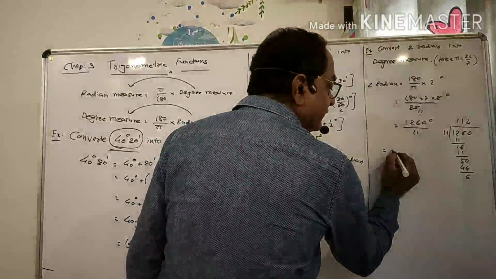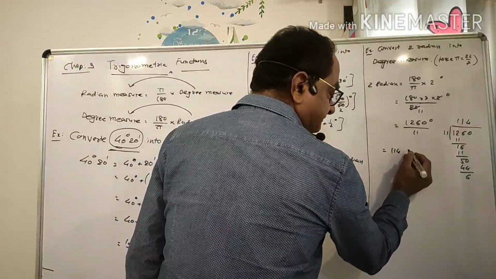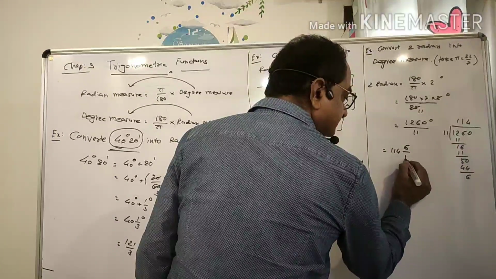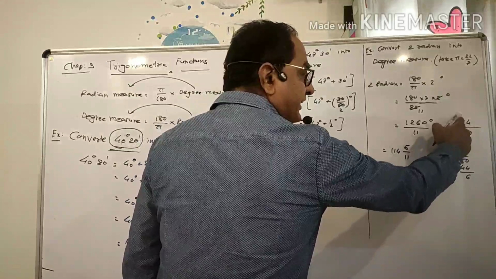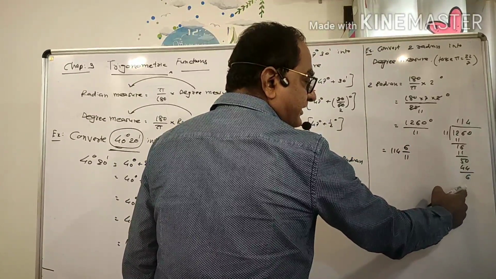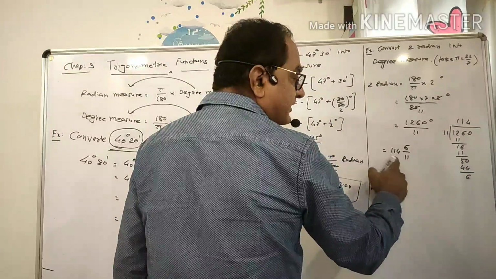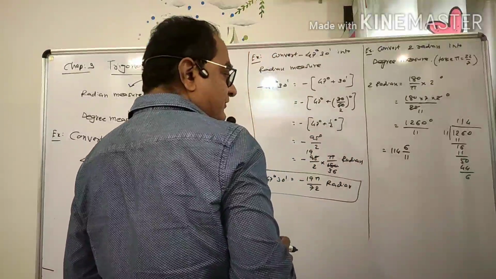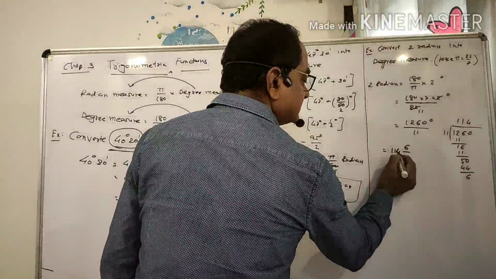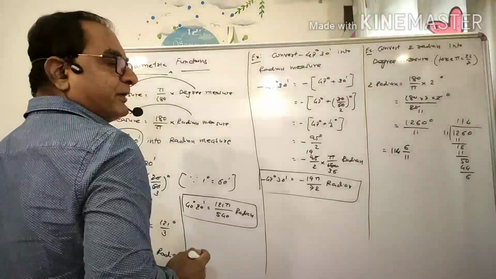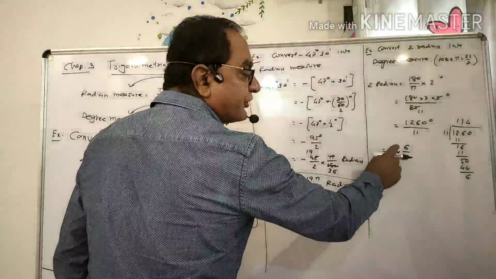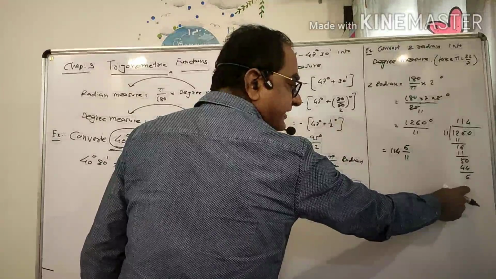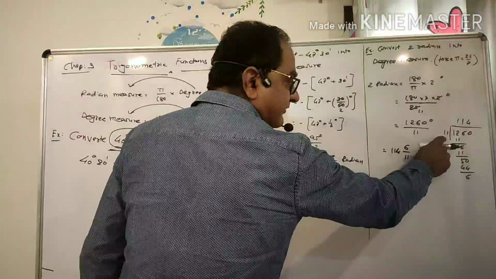So we can write it like this: 114 6 by 11. The remainder will be here, the divisor will be here, and the dividend will be here. If you multiply these two numbers and add this number, it's 1260, and the divisor is 11.